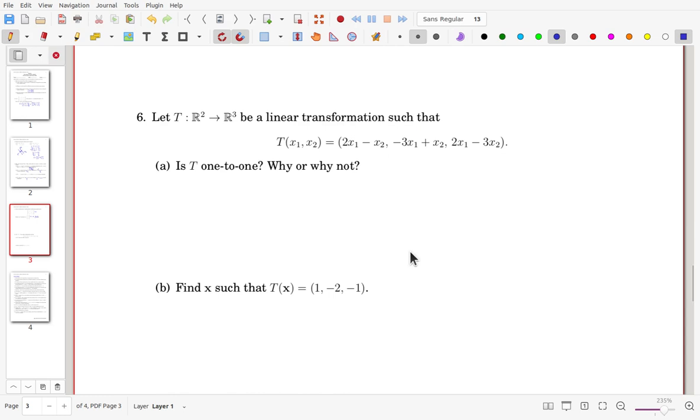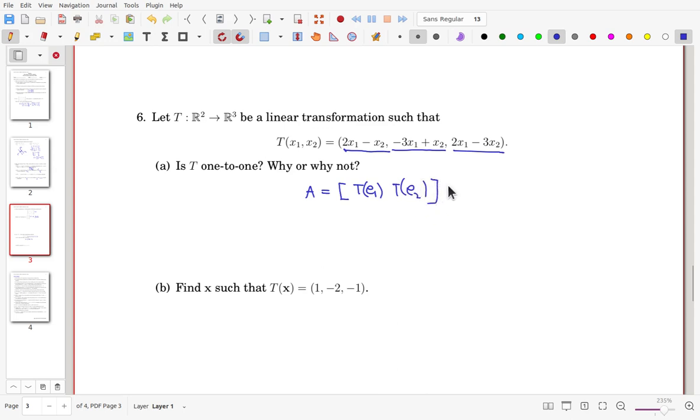Number 6. T is a linear transformation from R2 to R3 and given in this way. We need to check if it is 1-to-1. Okay, it has 3 components. Now here, if we try to use the standard matrix, then the standard matrix will be decided by the action on the standard basis, T(E1) and T(E2).